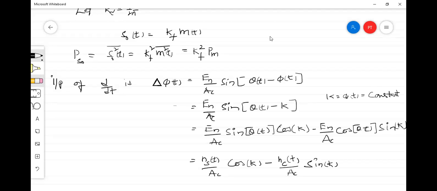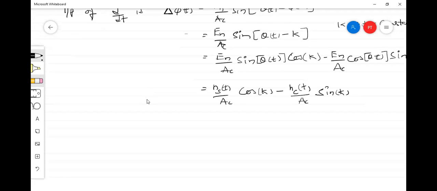Now we can determine directly the noise power spectral density of this input component. I can write G sub delta phi of f.